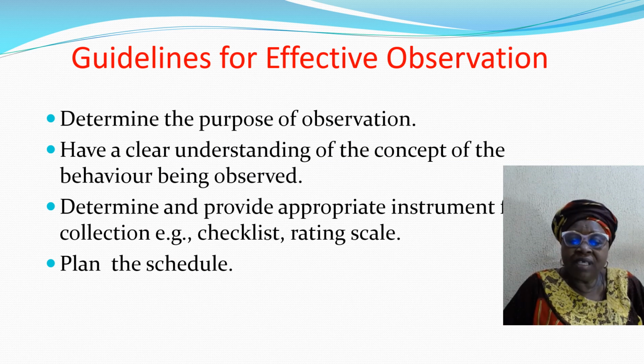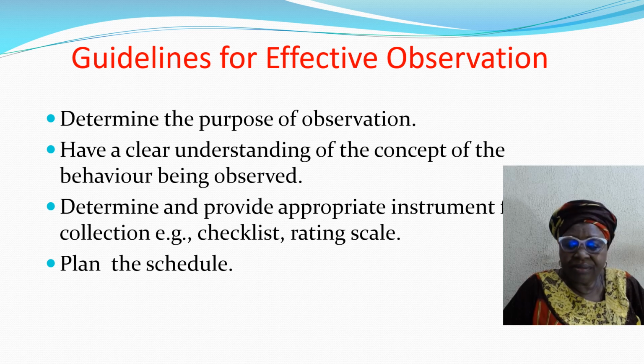Guideline for effective observation. How will you make your observation effective? You have to determine the purpose of the observation, have a clear understanding of the concept of the behavior being observed, determine and prepare or provide appropriate instruments for data collection. Example, checklist or rating scale.